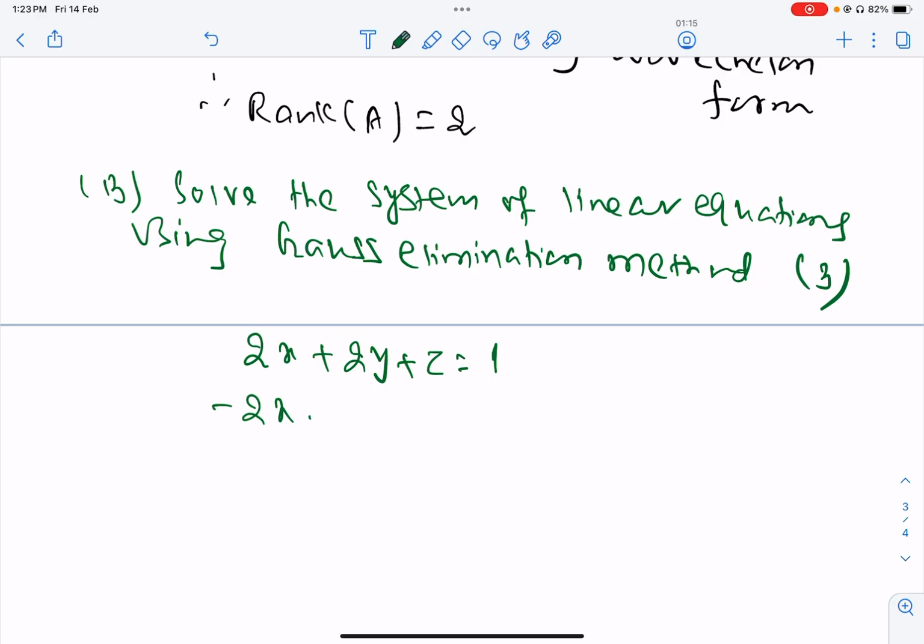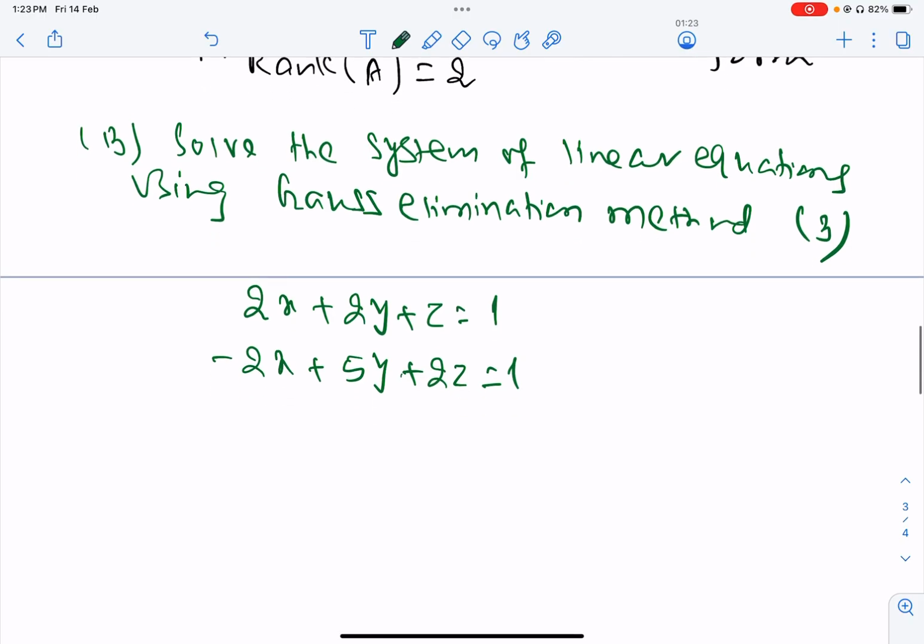minus 2x plus 5y plus 2z equal to 1, 8x plus y plus 4z equal to minus 1. So let us first make the augmented matrix.